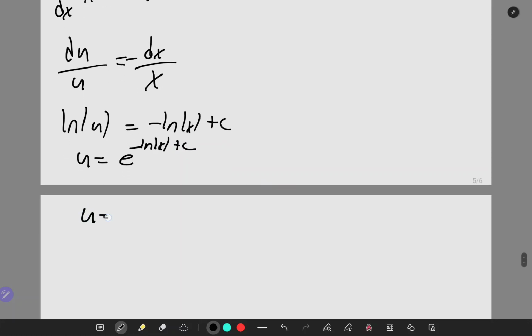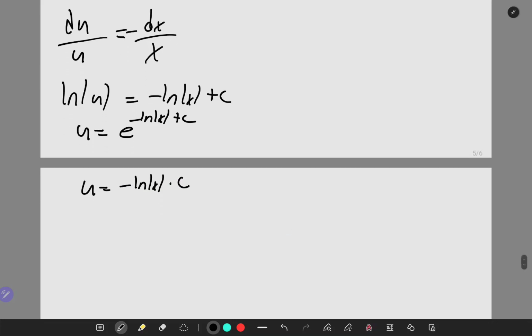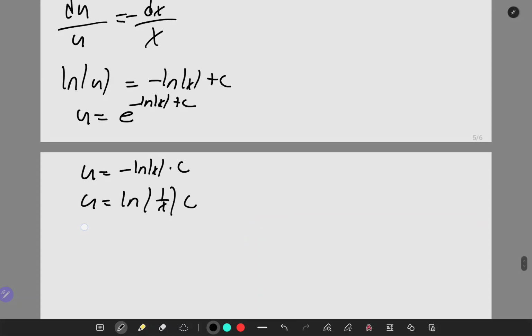Now remember, this just becomes negative natural log of x times c. This can be rewritten. Remember, this is the same thing as 1 over x. Whenever you exponentiate a log, the log disappears, right?